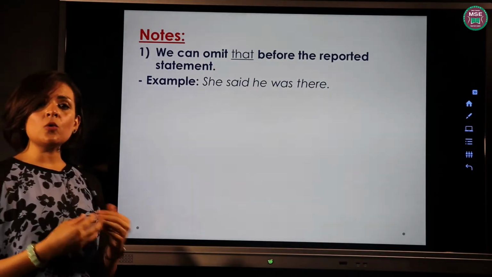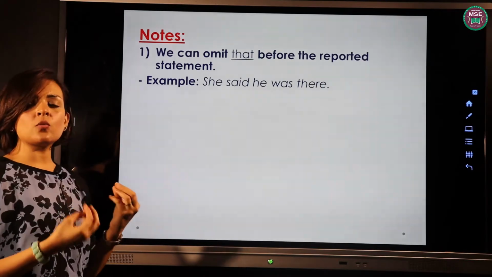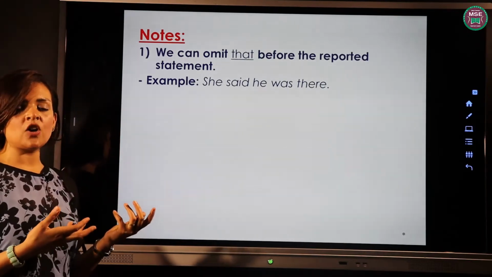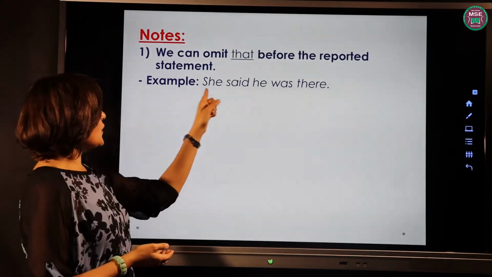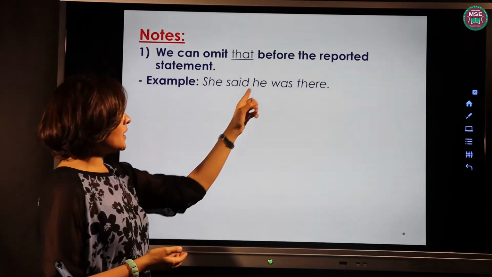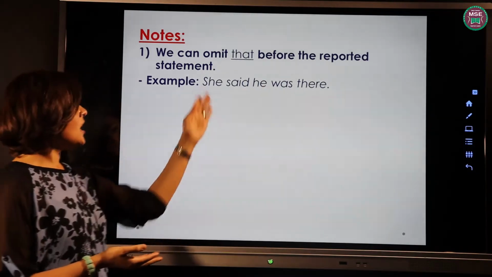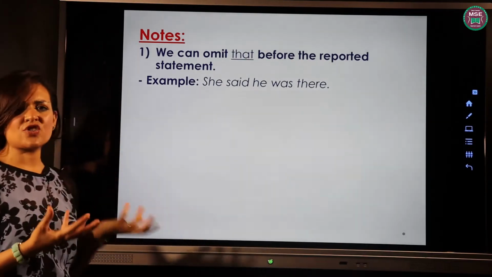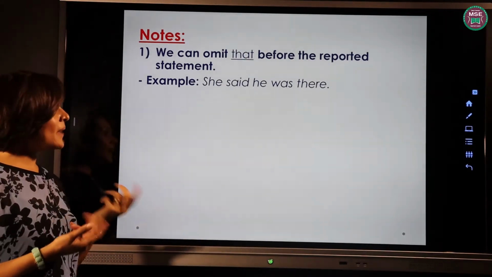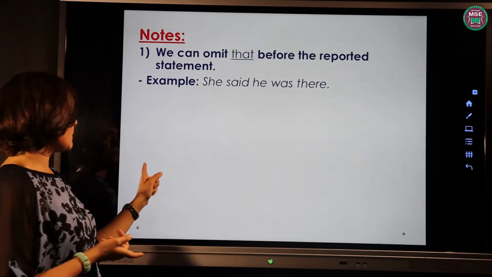But for speaking more easily and quickly in English, we can remove some words that will not harm the meaning of the sentence, like the word that in this case. Here, for example, she said, "He was there." I can use that and say, she said that he was there. So that doesn't make a change in the meaning, but it makes it easier to speak in English when I remove it from the sentence.